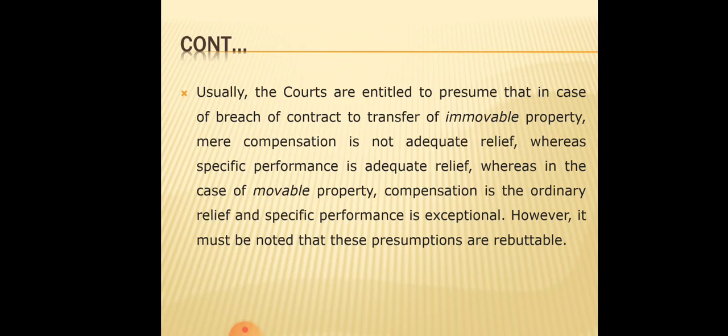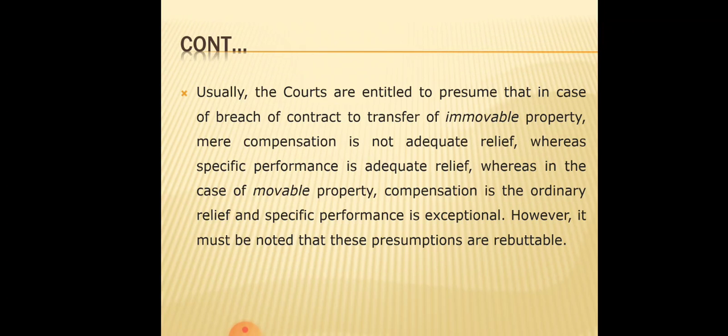So in case of immovable property, compensation may not be adequate and specific performance will be there. Whereas if we are talking about specific performance, that may be adequate in some cases. Suppose I am talking about movable property, compensation is the ordinary relief and specific performance is exceptional. However, it must be noted that these presumptions are rebuttable.